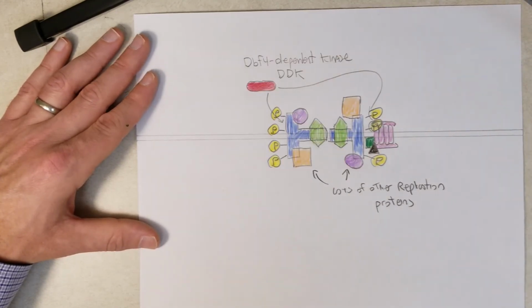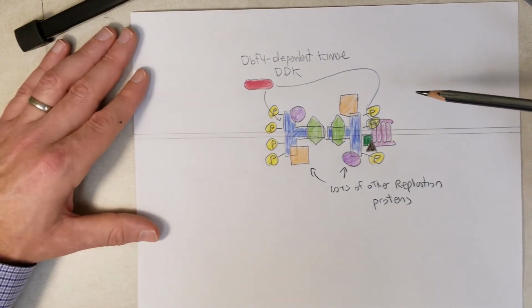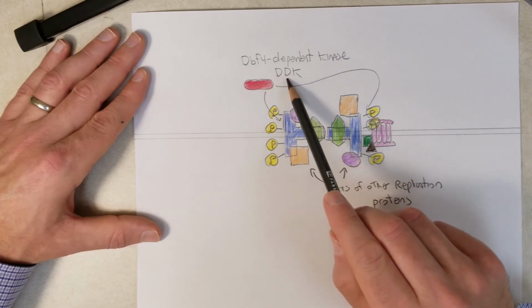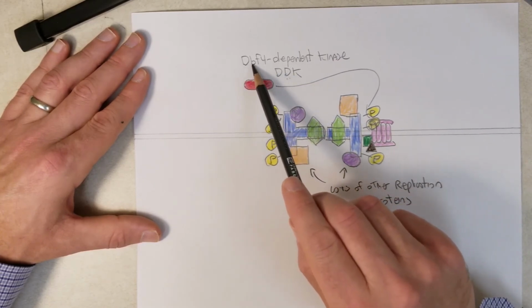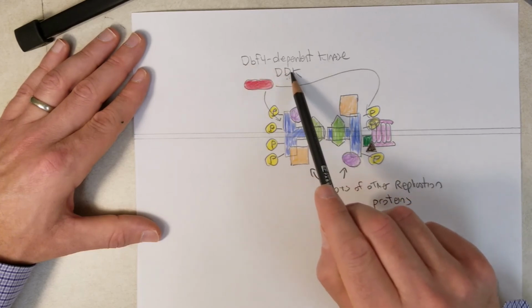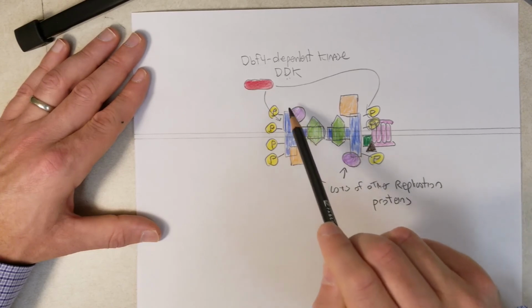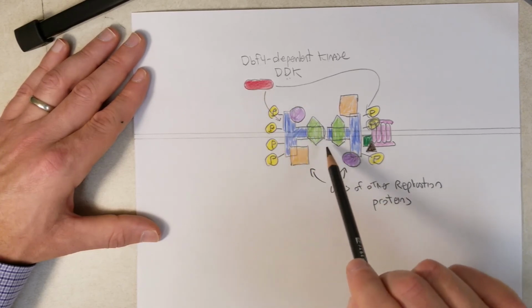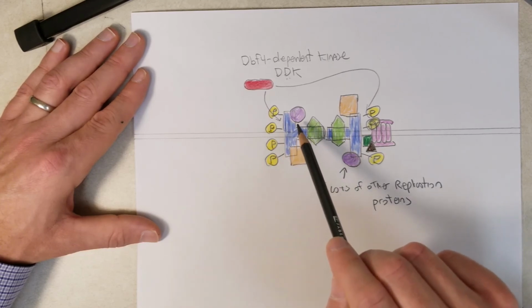And the final thing we're going to look at when it comes to initiation of DNA replication is, again, in the previous page we said DDK, or the DBF4 dependent kinase, was important for loading CDC45. Now, it's also important for phosphorylating a number of different proteins within the CMG helicase complex.